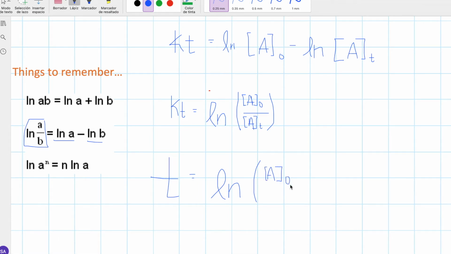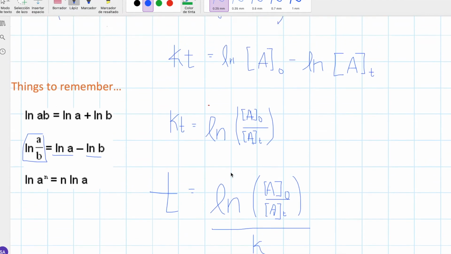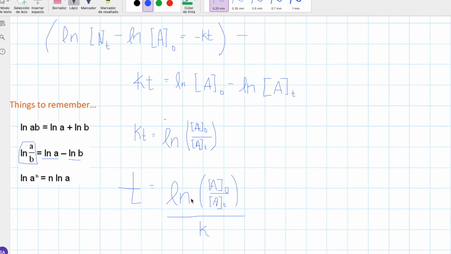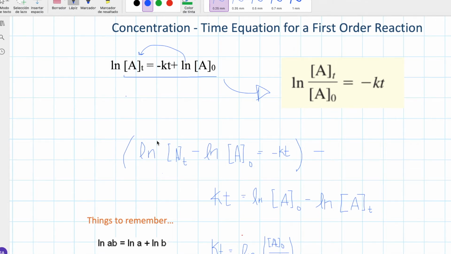So we're solving for t. So t would equal ln of initial concentration over current concentration, and this over k. So let's see, is it similar to this equation? Yeah, it's really similar.